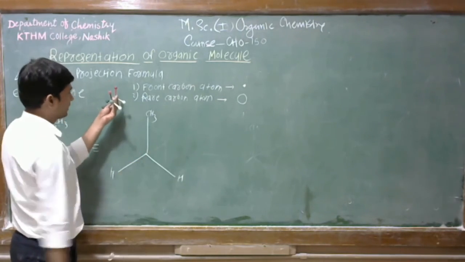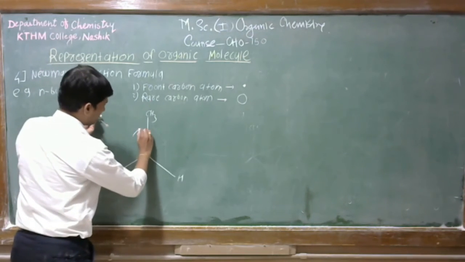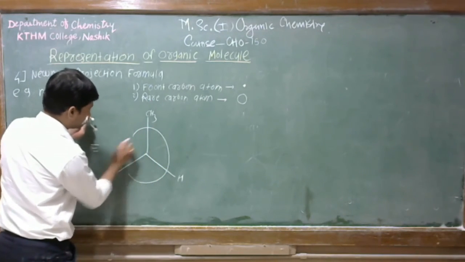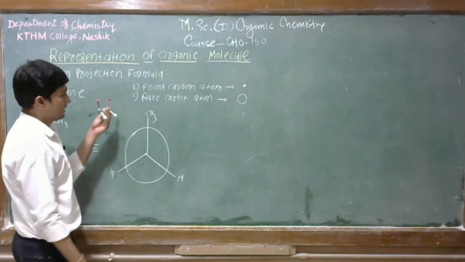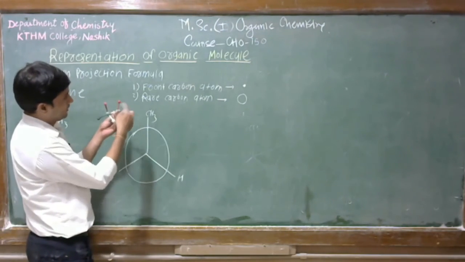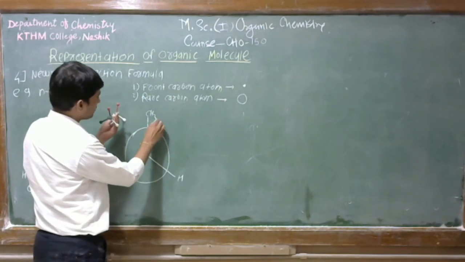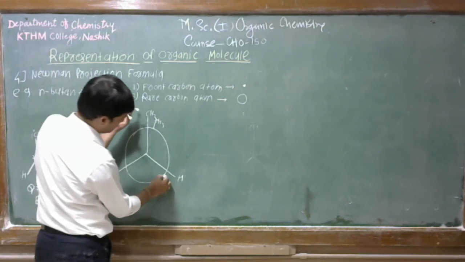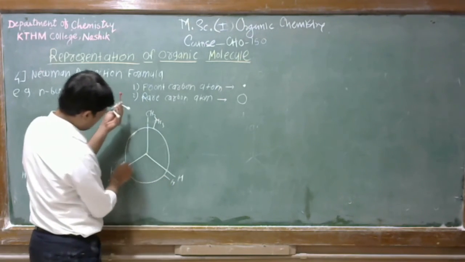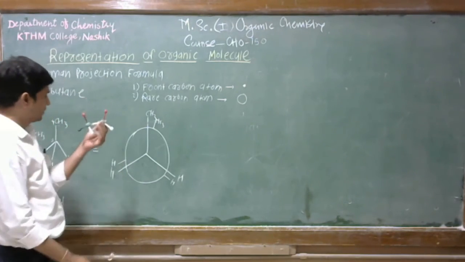This is the front carbon. Now the rear carbon atom is denoted by the circle. The rear carbon atom has one CH3 group here, this is another hydrogen here, and this is the second hydrogen here.